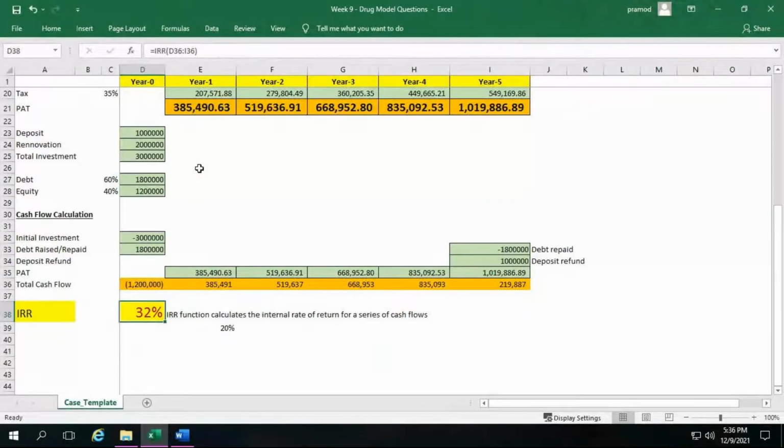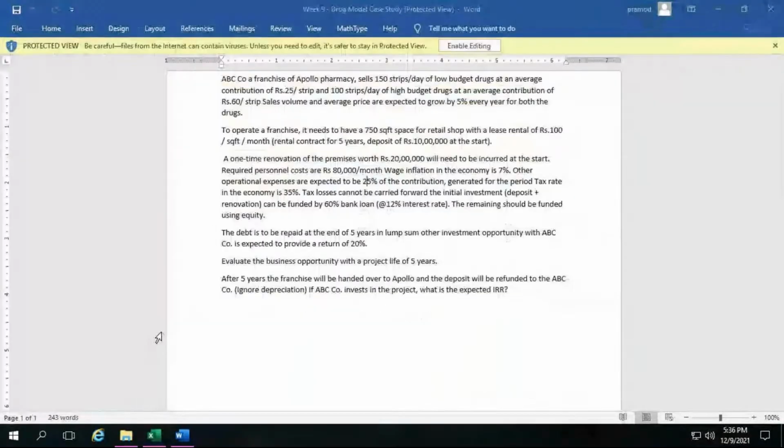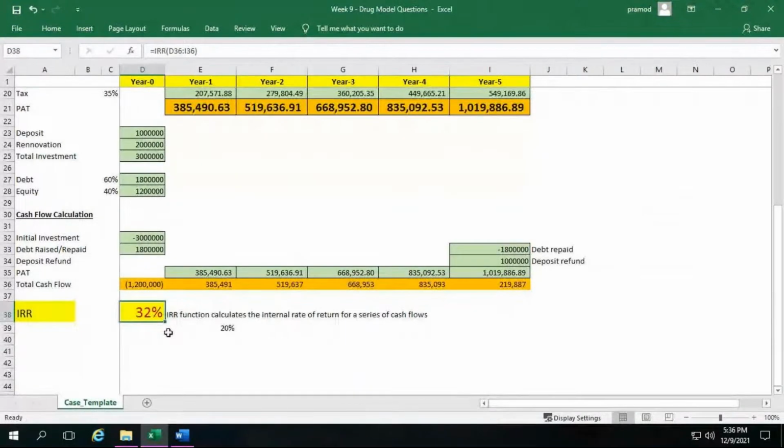Excuse me sir, in the question they have estimated 20%, but we are getting 32%, no, sir? The return they estimated is 20%, but they are getting more than 20%. Then it is good.